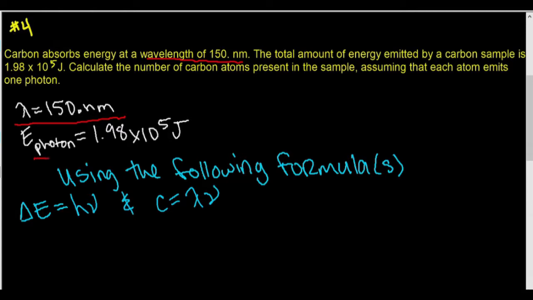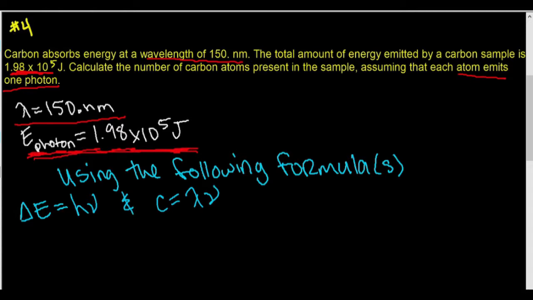So that's going to be the energy of a photon, or of the photons, right? Because it's the energy that's emitted. It says later on in the problem, calculate the number of atoms present in the sample, assuming each atom emits 1 photon. So if every atom is emitting 1 photon and the total energy is that number right there, that's going to be the energy from the photons.